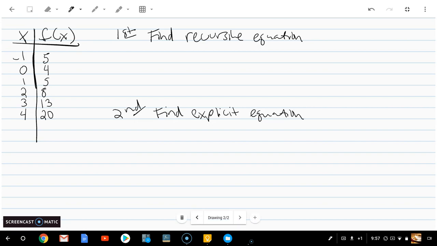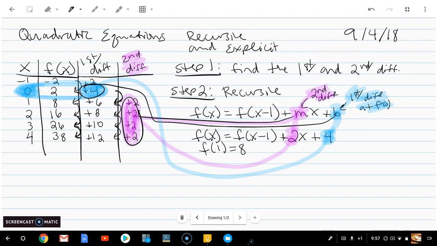So to help you, if you go back, remember you have these notes here. First step is fill that in. Second step is here's your recursive. Okay? So you need to make sure you know what the second difference is, the first difference at f of 0, and then you just plug in the values.